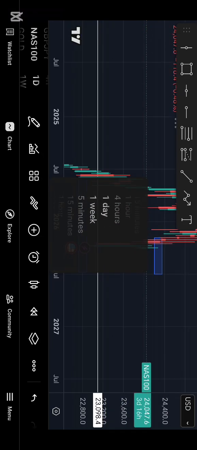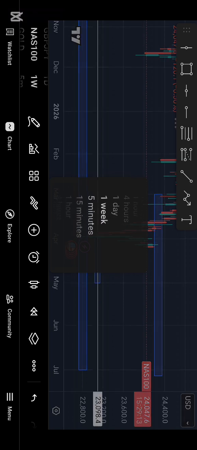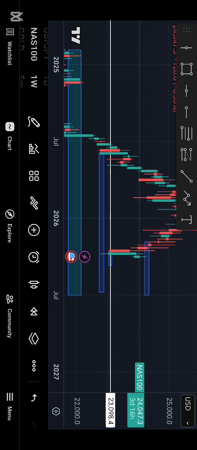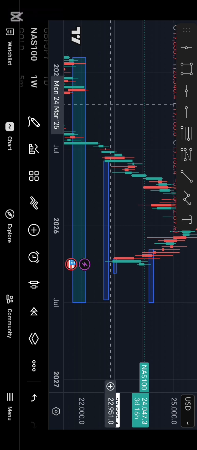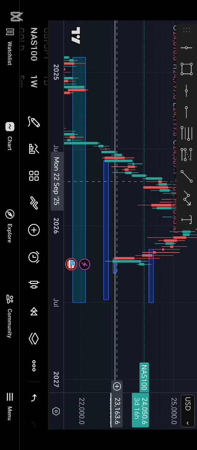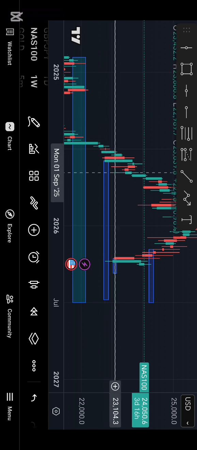And once the 78.6 zone is marked, I would go back onto the weekly time frame, and then I would check if the zone aligns with recent price action.